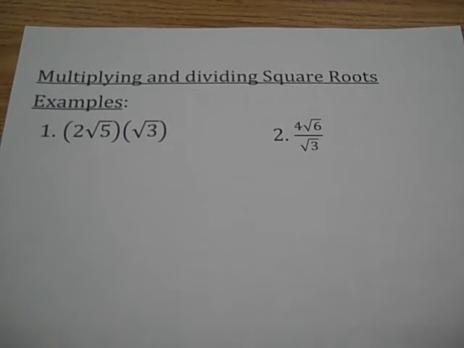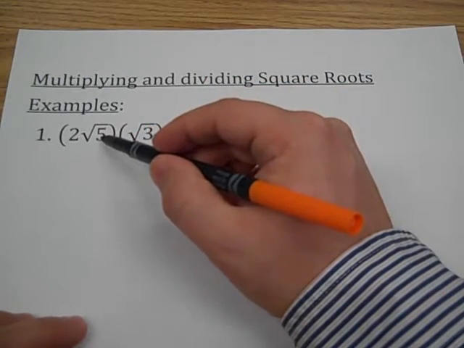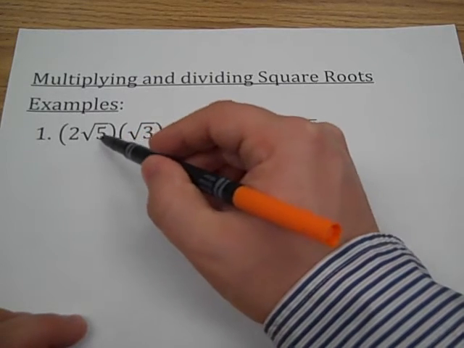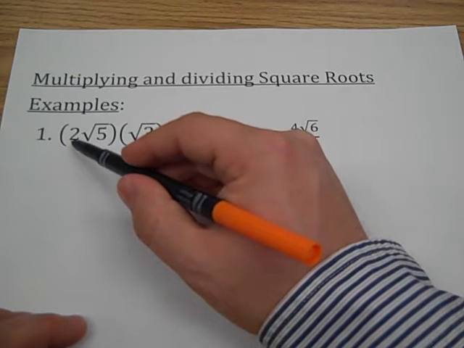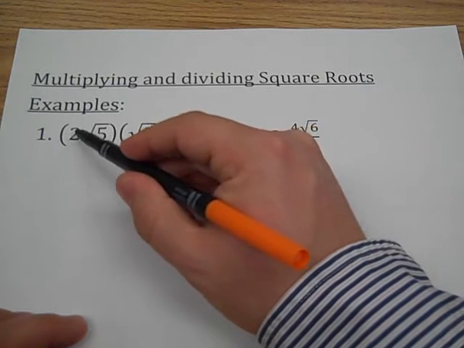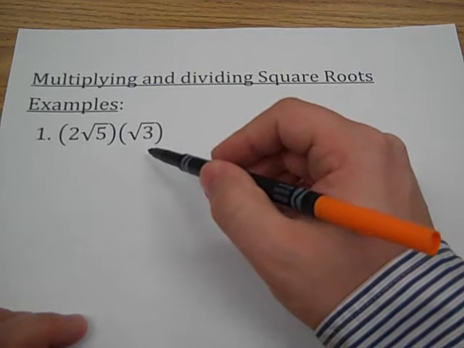So when it becomes a little bit tricky, multiplying and dividing square roots is when we have numbers that are outside of the square root multiplied or divided. So here, 2 root 5. This is actually 2 times root 5. I can't multiply them because one's underneath the square root and one is not. And then I'm multiplying that whole thing by root 3.